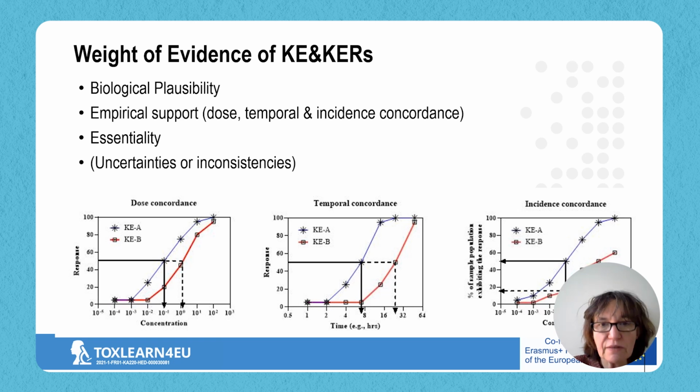So the weight of evidence building, as I said earlier, is where you look at the differences in the dose or the concentration between the different key events, the temporal differences, and the incidence differences. For the dose, for example, normally a downstream key event will pop up at lower concentrations compared to an upstream key event.